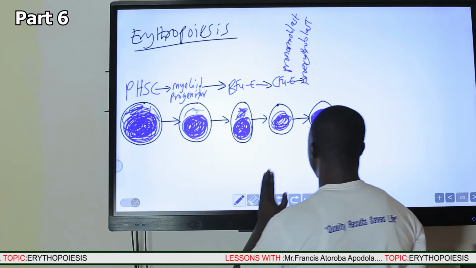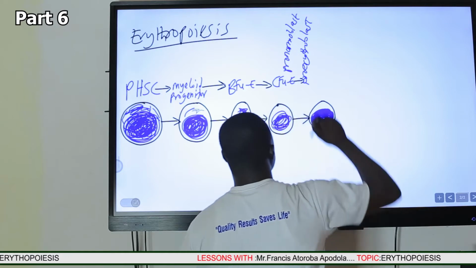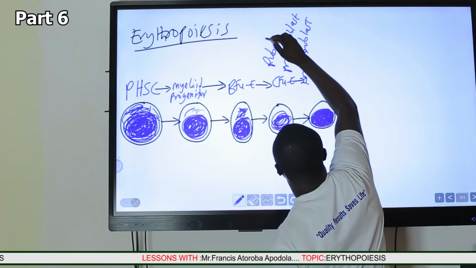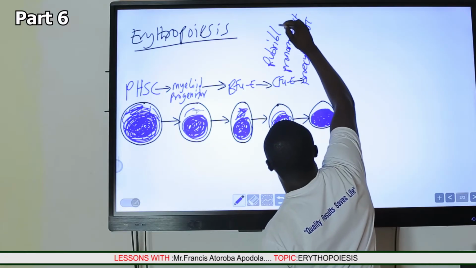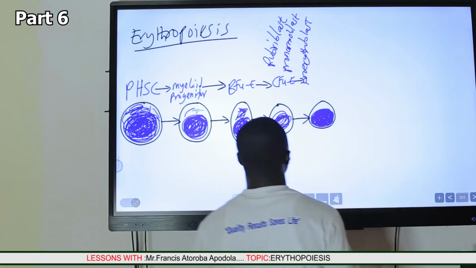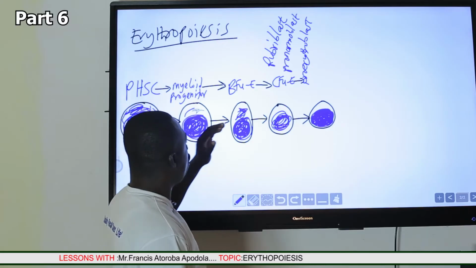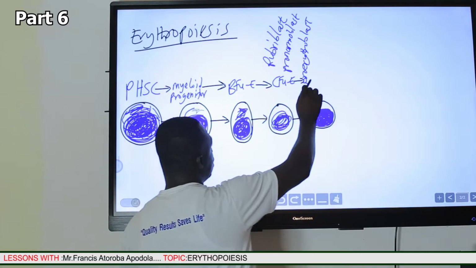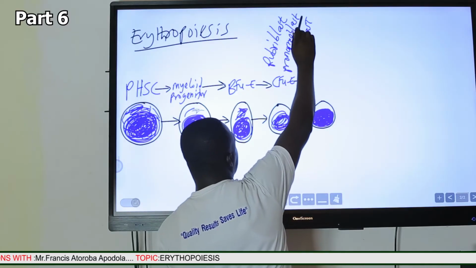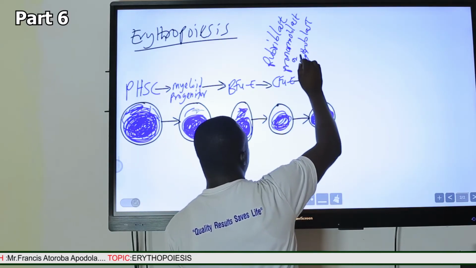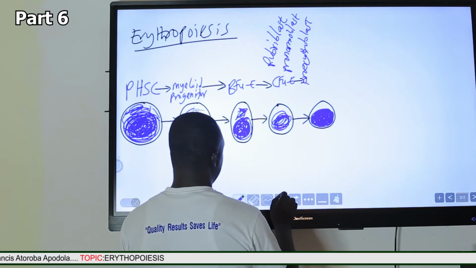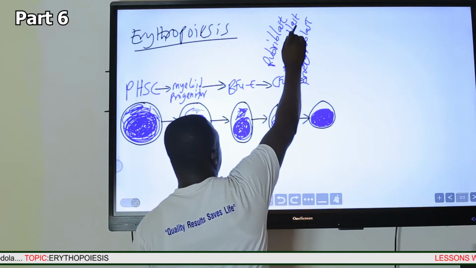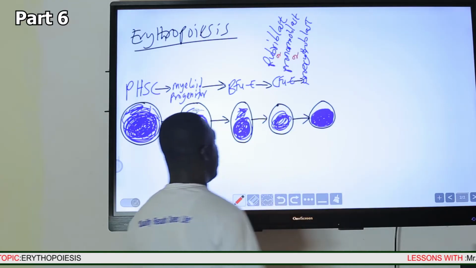We call it the rubri nomenclature, and this becomes the rubriblast. So we have the colony-forming unit erythroid undergoing further differentiation to form the proerythroblast, which is the same thing as pronormoblast or rubriblast.